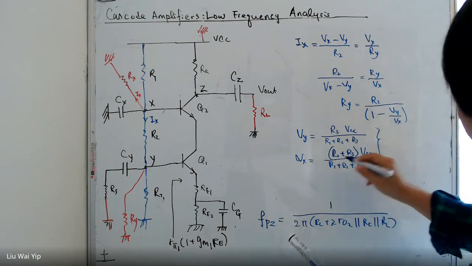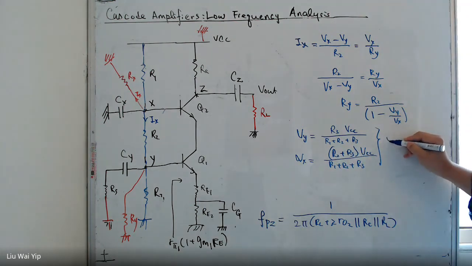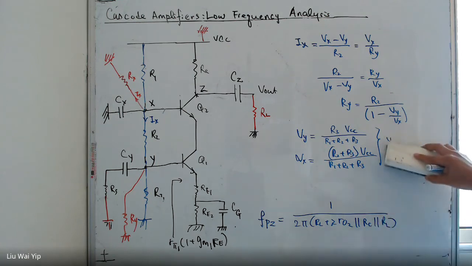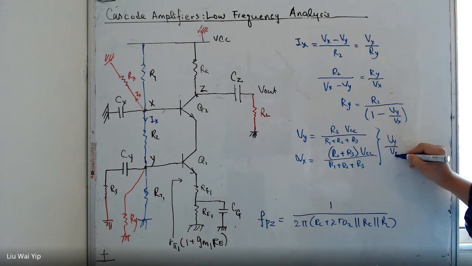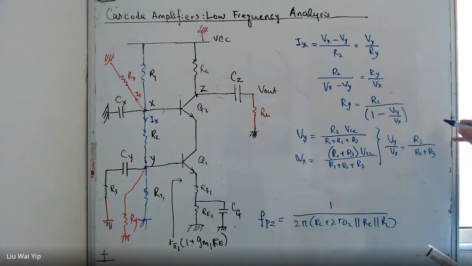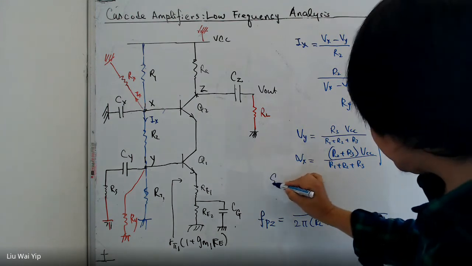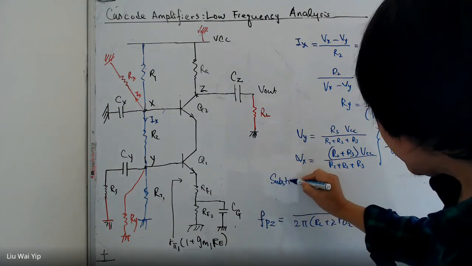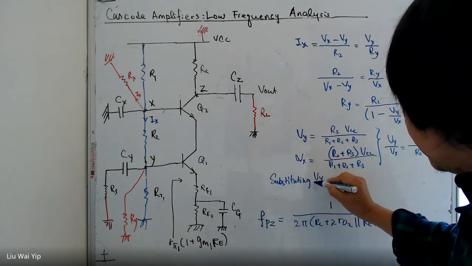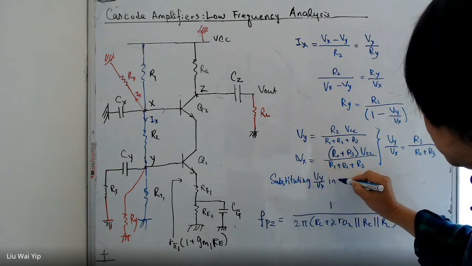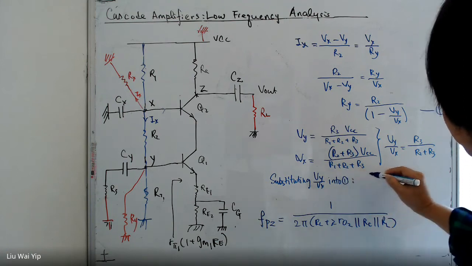And these two together end up with a ratio of Vy divided by Vx being equal to R3 divided by R2 plus R3. Now this is equation 1, and we substitute Vy divided by Vx into equation 1 and see what we can get.